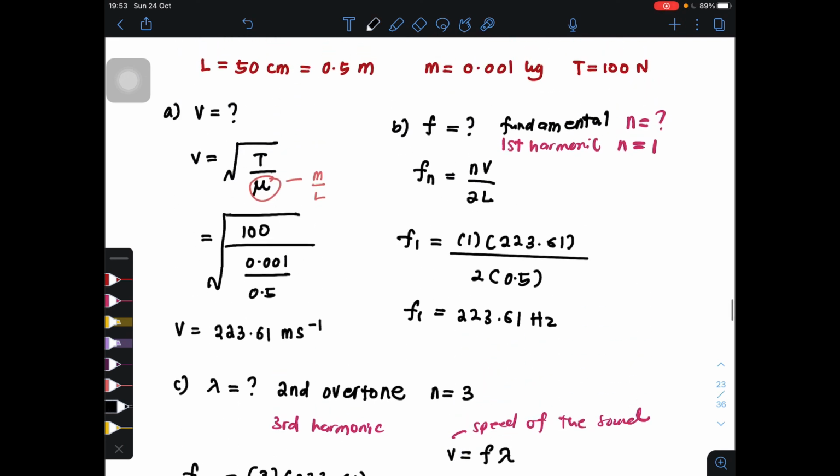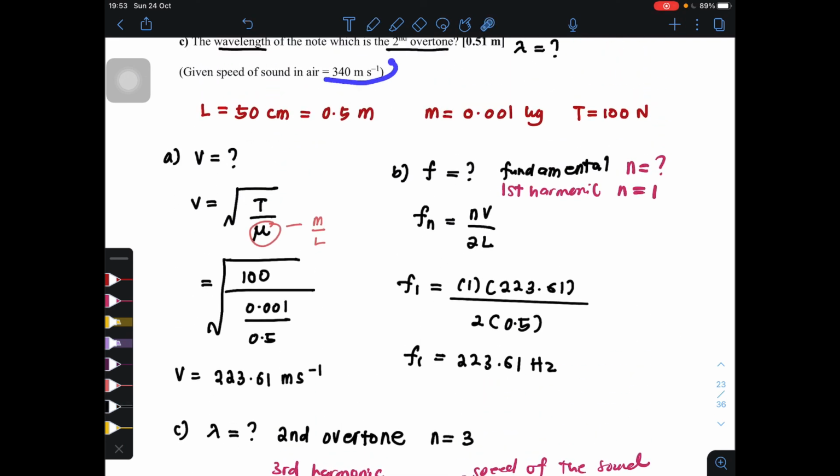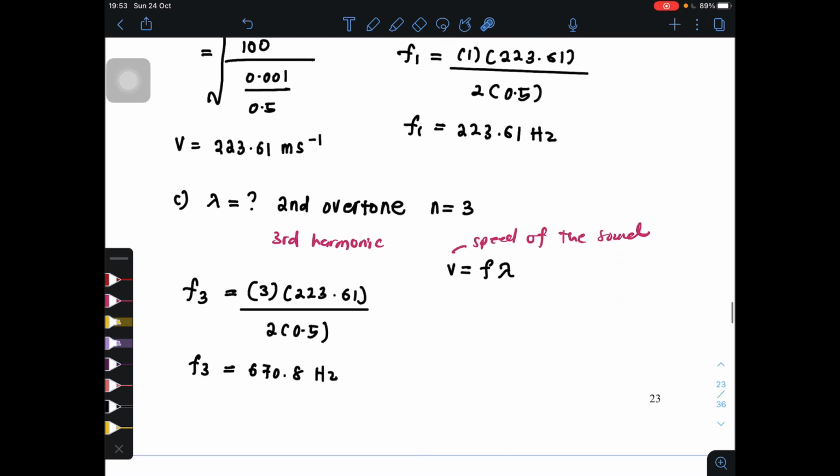So the speed of the sound is given, which is 340 meter per second. Masukkan F adalah 670.8 and then lambda. So lambda is equal to 0.51 meter.